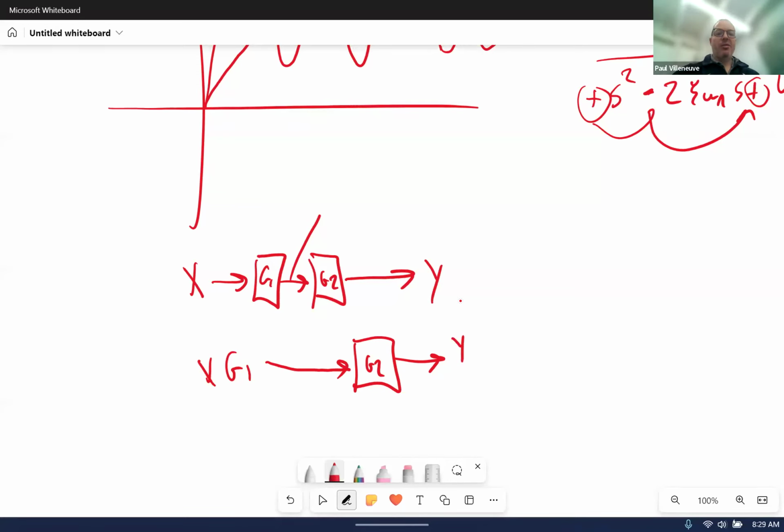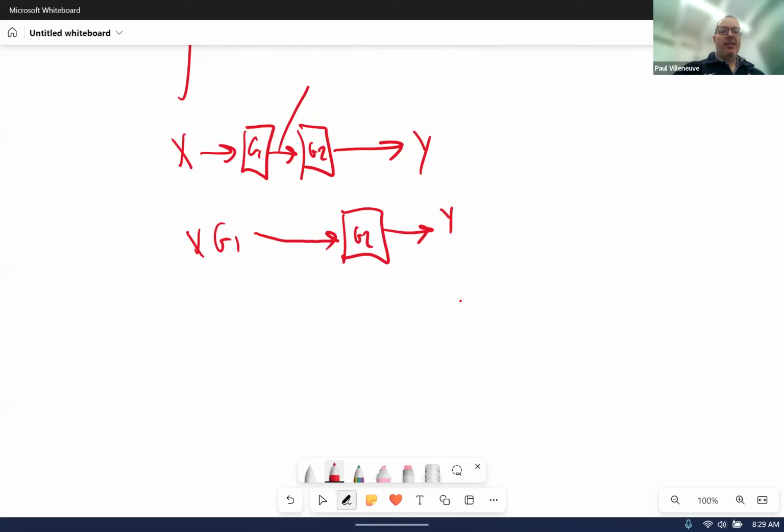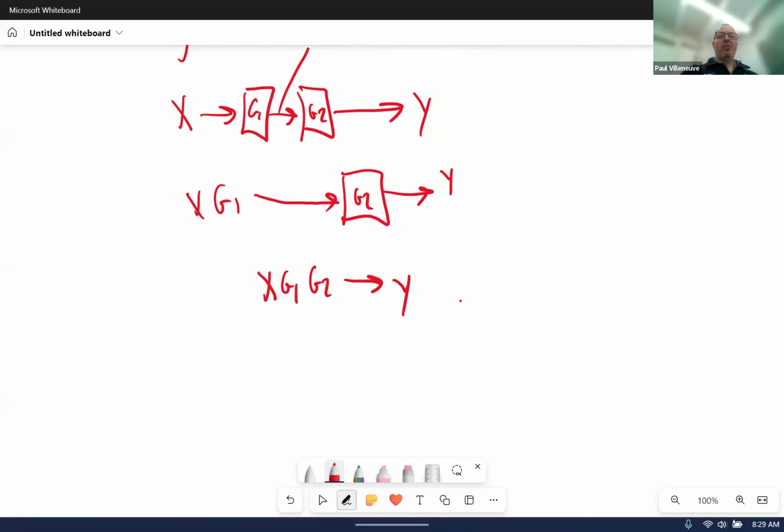Then my last case is XG1, G2 is my Y. They're the same thing. So if I want to replace this, X had to be multiplied by G1 and G2. For equivalency, I just have a single block with my input and my output. If you're stuck and not sure what to do, just try to break it down like this.